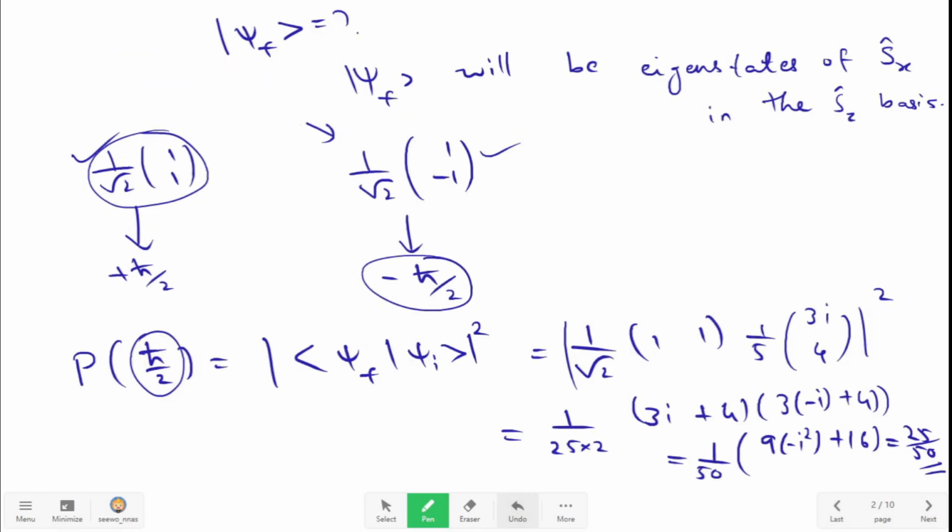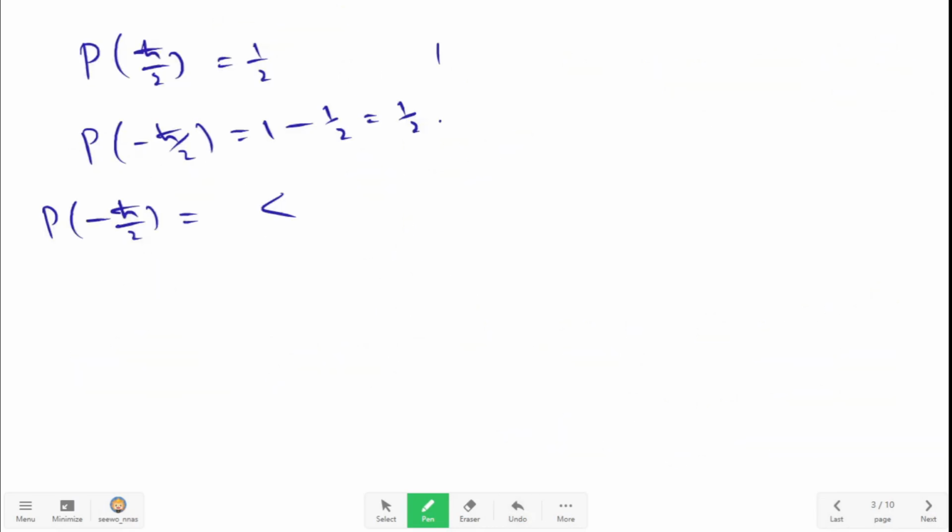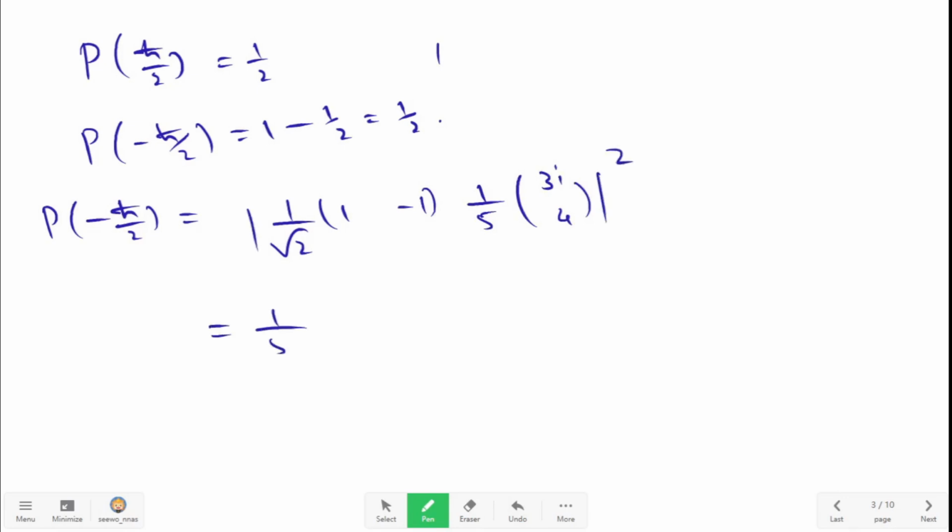You put it here, 1 by root 2 (1, minus 1) with 1 by 5 (3, i4), modulus squared, which is equal to 1 by 50 times 25, again 25, which is equal to 1 by 2.